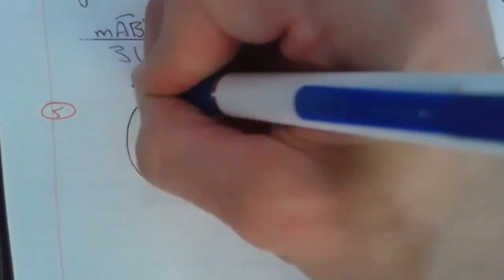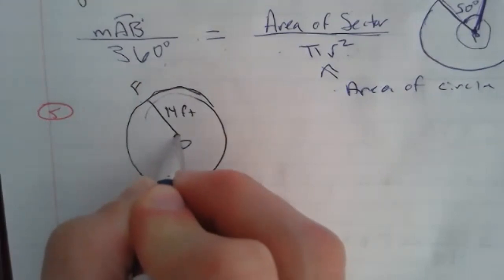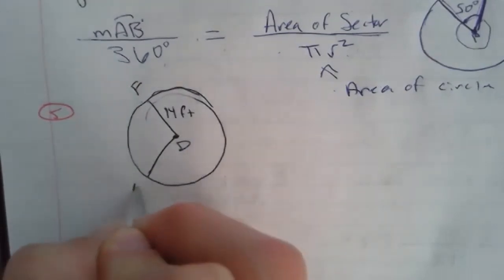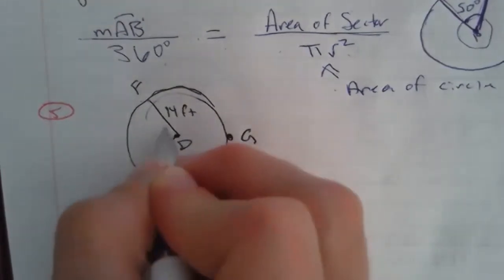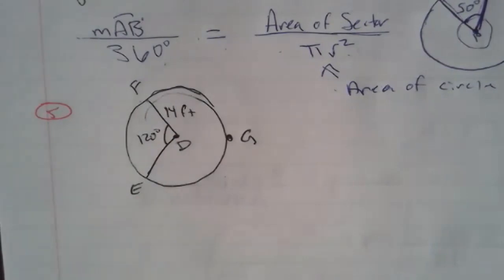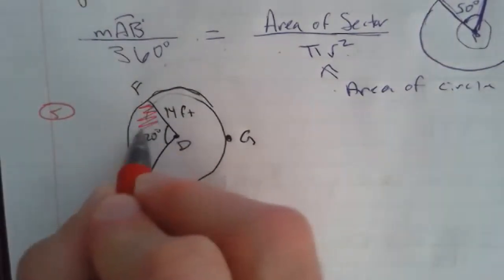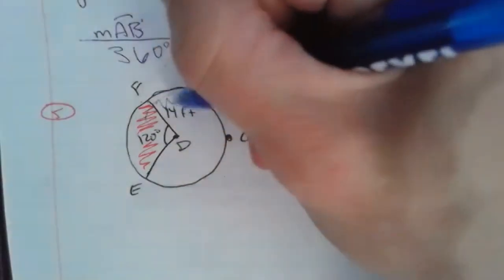The center is D. Here's a point F from the radius of 14 feet. Here's a point E. Here's a little point G, another radius. This is 120 degrees. The smaller part of the circle is in red. The larger part of the circle is in blue.